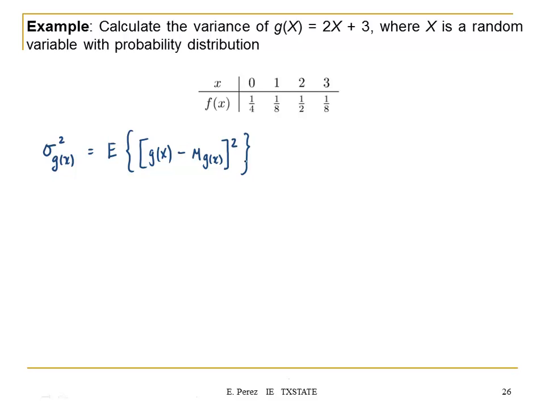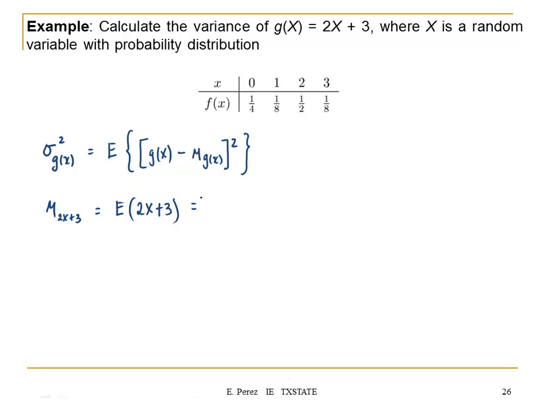So mu of 2x plus 3 is going to be equal to the expectation of 2x plus 3, which is the same thing we did for x squared. Now instead of having x squared, we have 2x plus 3.